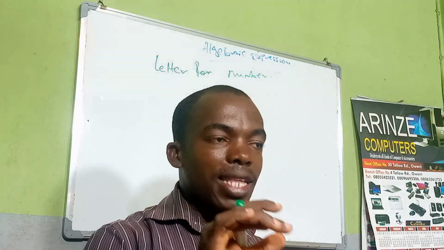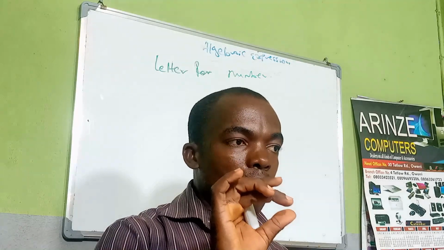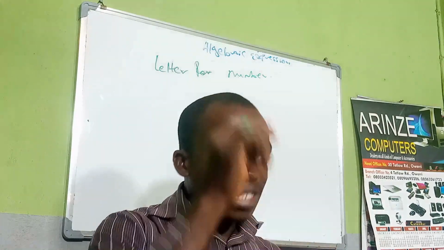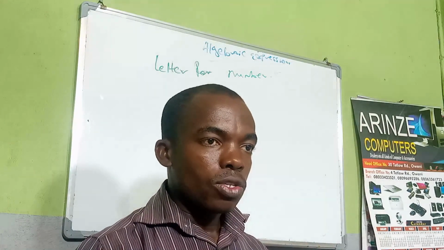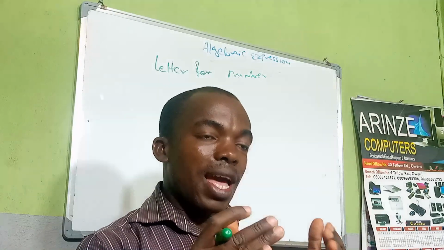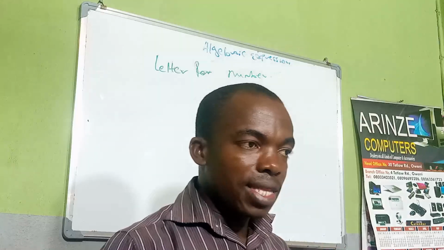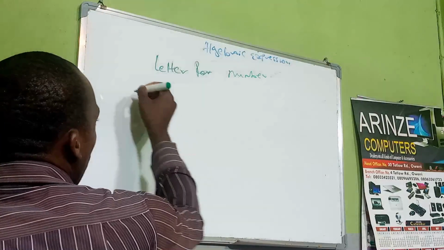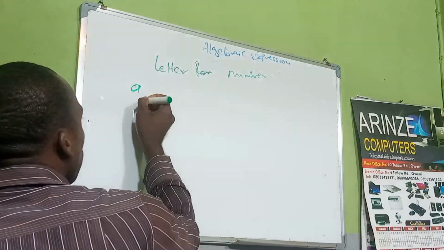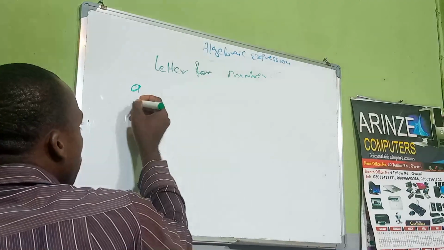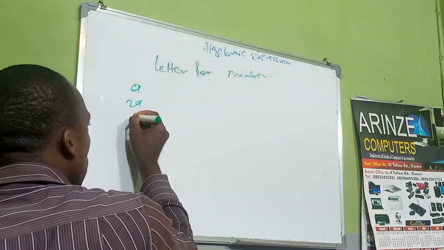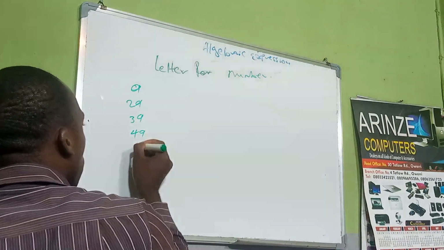They are letters with a number or numbers carrying the same letters. They are said to be similar when there are numbers that are carrying the same letters. Like for example, A, 2A, 3A, 4A, 5A.